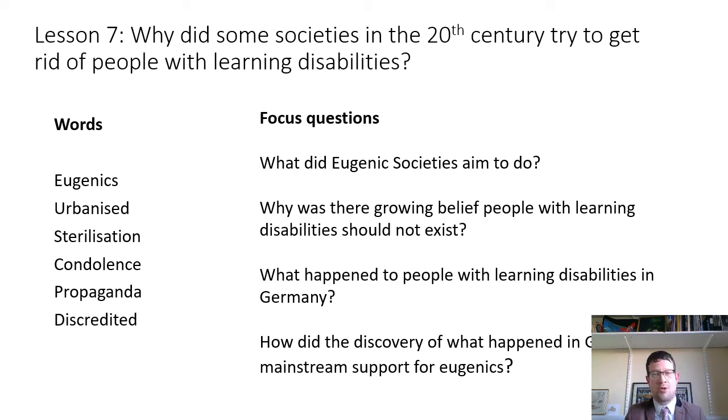It is important to notice, though, that this was not replaced by a big surge of positivity towards people with learning disabilities. If anything, it was replaced with indifference, lack of attention. And that means that although people are no longer as clearly vocal about exterminating people with learning disabilities, their lives remain extremely difficult in the period following the end of World War II.